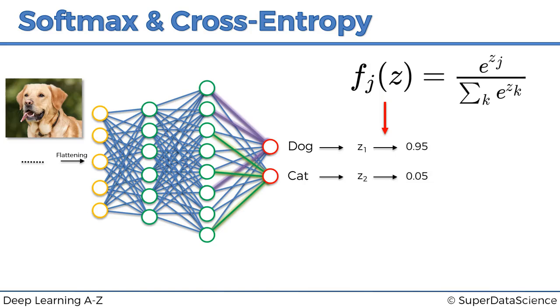To quote Wikipedia, the softmax function, or the normalized exponential function, is a generalization of the logistic function that, quote-unquote, squashes a k-dimensional vector of arbitrary real values to a k-dimensional vector of real values in the range of 0 to 1 that add up to 1. So basically, it does exactly what we want.